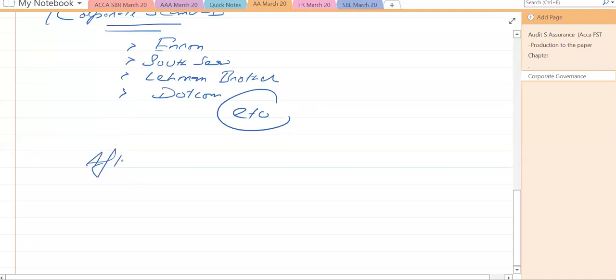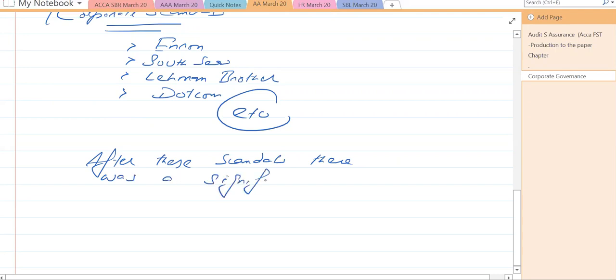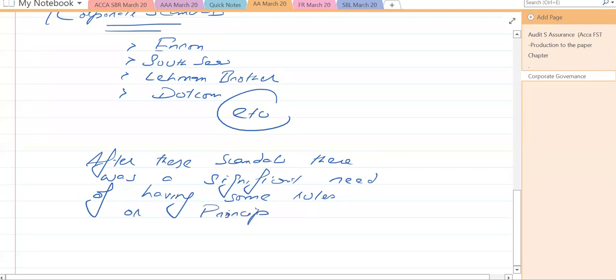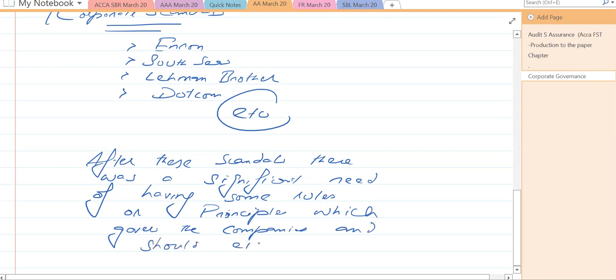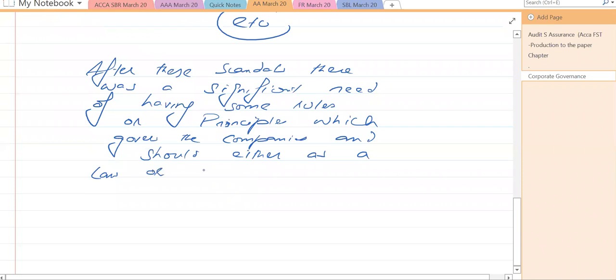After these scandals, there was a significant need of having some rules or principles which govern the companies and should be applied either as a law or as best practice.